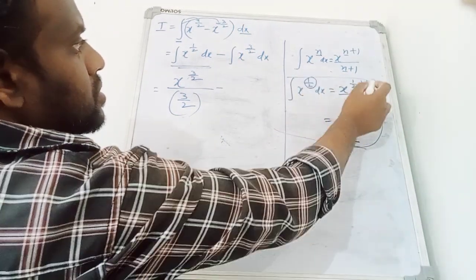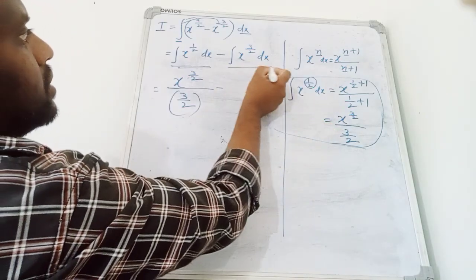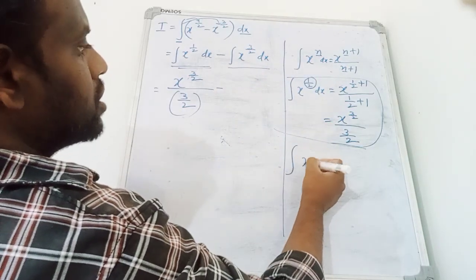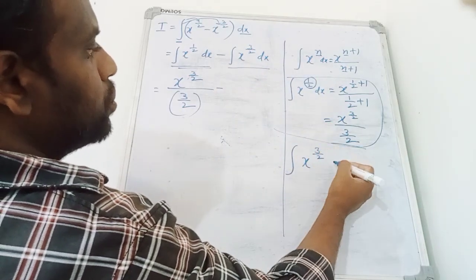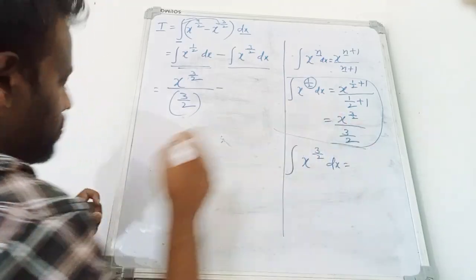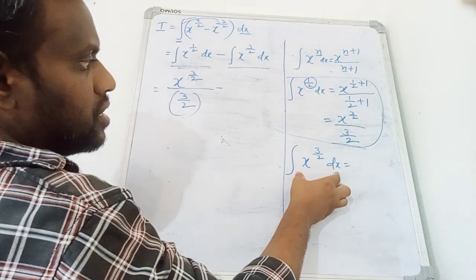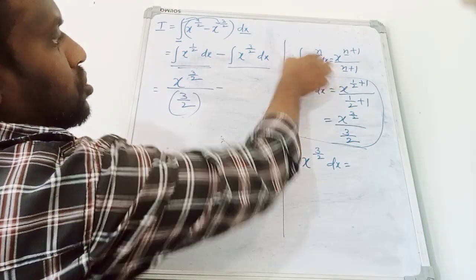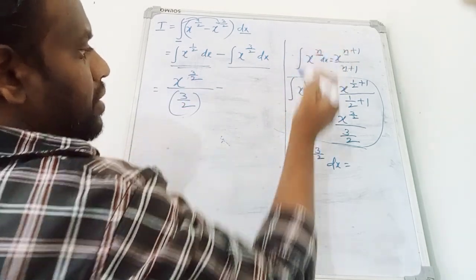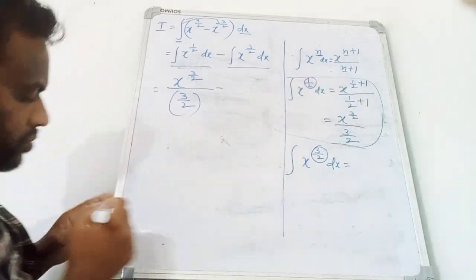This part is done. Now I will take the integral of x to the power of 3 by 2 dx. You can see this is in the form of this, so in place of n we have 3 by 2.